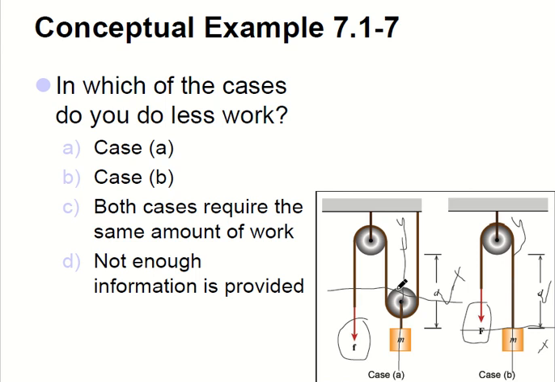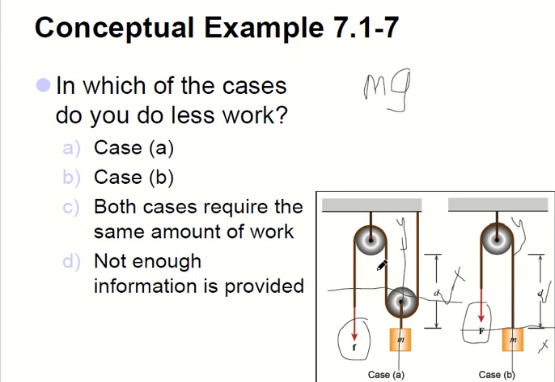So now we're down to the y component. The only weight that we have is your mass, which is mass times gravity, and we are lifting that weight up. We have a one pulley system and a two pulley system.